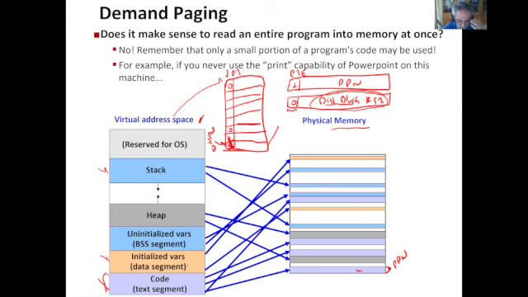Imagine you have these initialized variables. Maybe some portions you never use. In that case, those portions remain on disk. They are never brought into the physical memory, which is really nice, right? You just bring in the parts that you need. So that's what we call demand paging. You bring a page into the physical memory only if it is accessed, only if it's necessary.